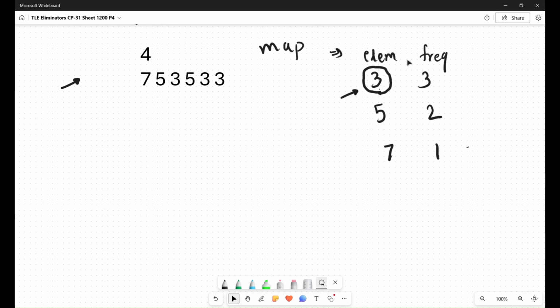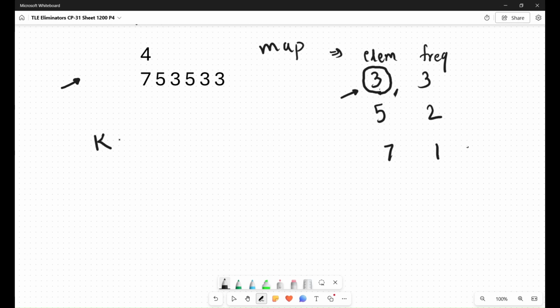What I am saying is that I don't know how many times 3 will be appearing in array A. I just know that it will be appearing. I don't know the frequency of that element in array A. So let me suppose that it appears k times in the array.